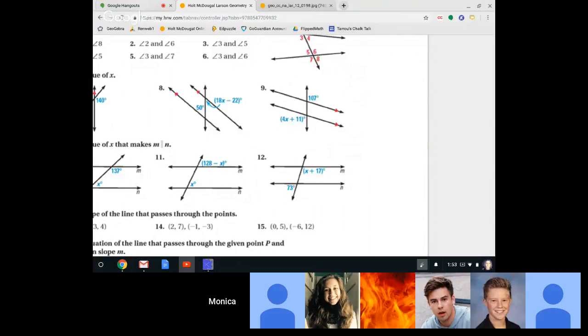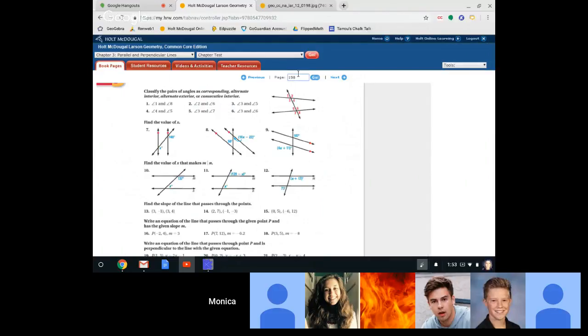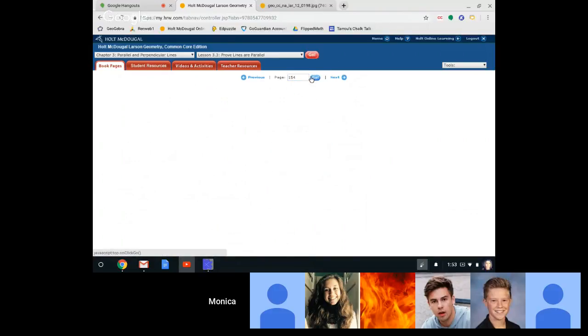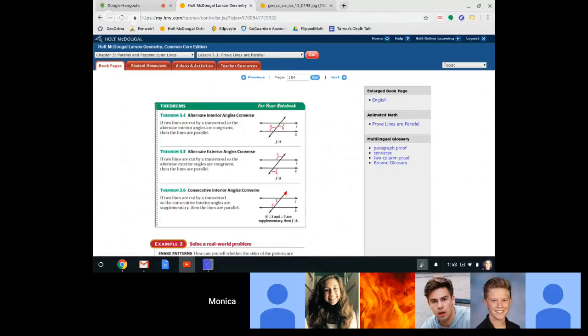Page 154 in your book. So we said that those are consecutive interior angles, right?